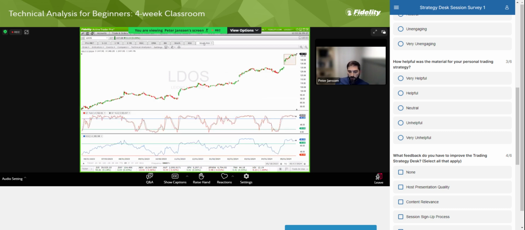Let me cycle over to a stochastic versus RSI. If you were to squint at these two, they have very similar or adjacent characteristics, at least as far as their trajectory. When it's higher, it is higher. When it starts to come down, the stochastic, since it's more reactive to what's happening most recently, is going to be more prone to moving up and down very sharply from the high to the low end of the range.